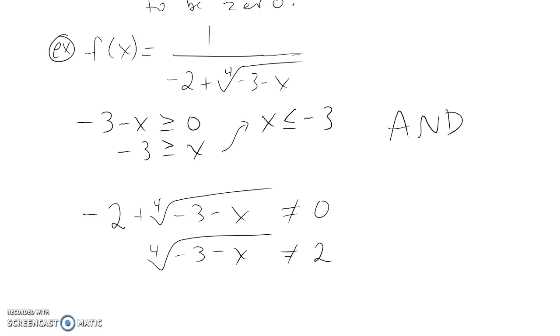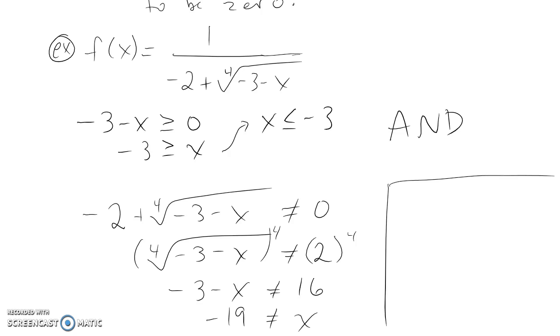So how do I solve this? Well, I can raise both sides of the equation to the fourth power. The fourth root and the fourth power cancel, and we end up with negative 3 minus x cannot be equal to 16. Now I'm going to add x to both sides and subtract 16 from both sides. And this is telling me that x cannot be negative 19. Let's look really quickly at what would happen if x equaled negative 19.